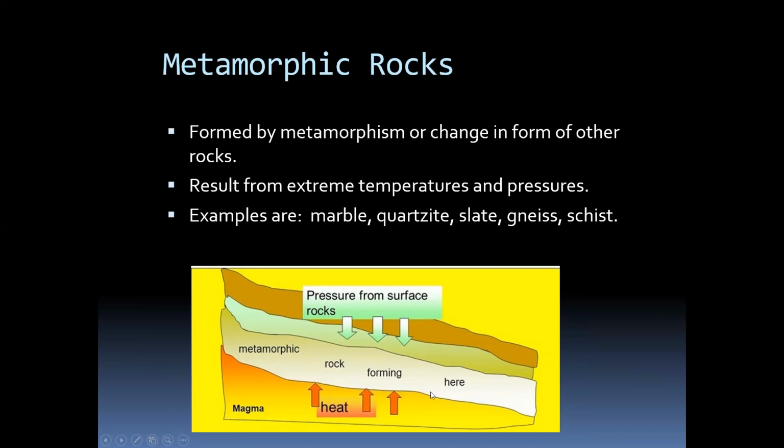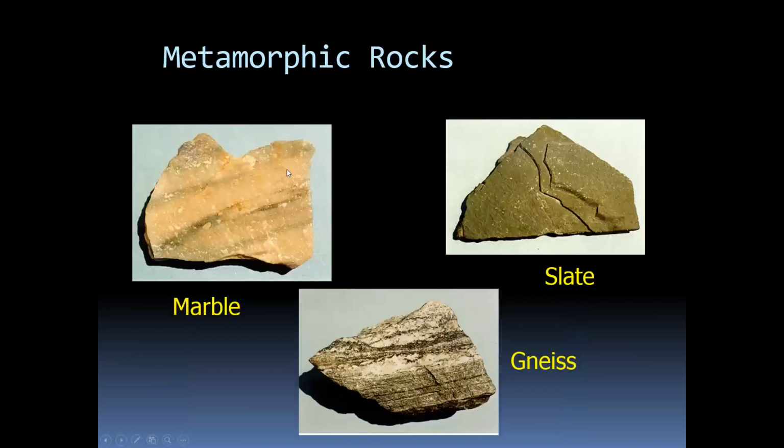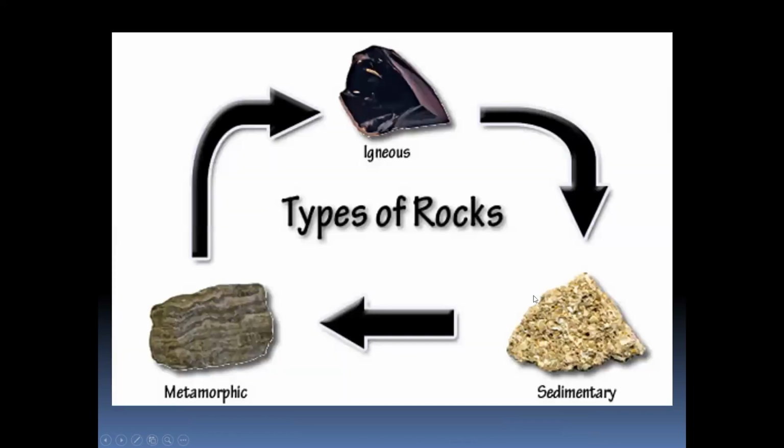Examples of this are marble, quartz, slate, gneiss, and schist. So the key point here is that these types of rocks are formed under extreme pressure and temperature. And these are some pictures of examples of metamorphic rocks.